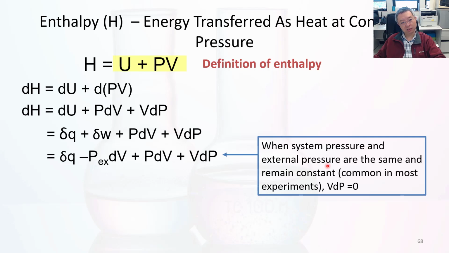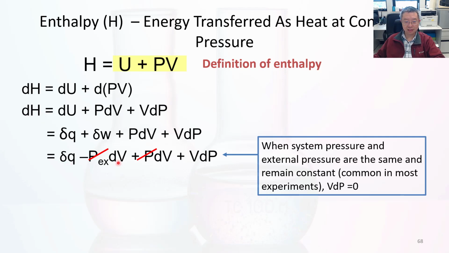The system pressure and external pressure are the same, which is the case for most chemical reactions or processes. So the terms cancel each other, and we have dH equals delta q.